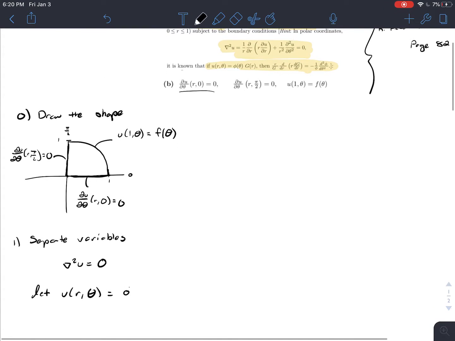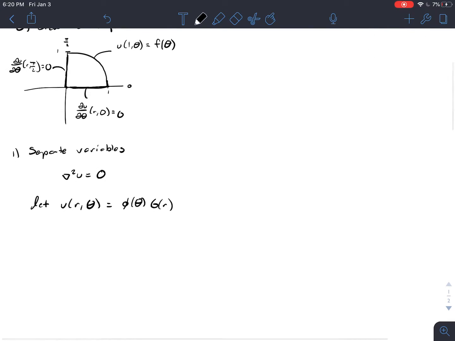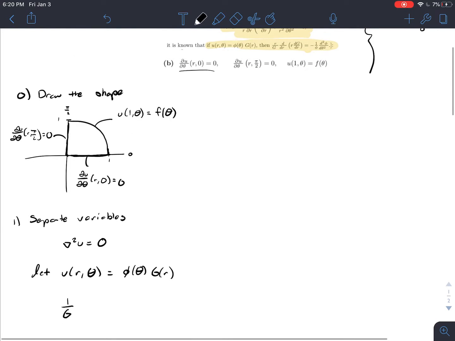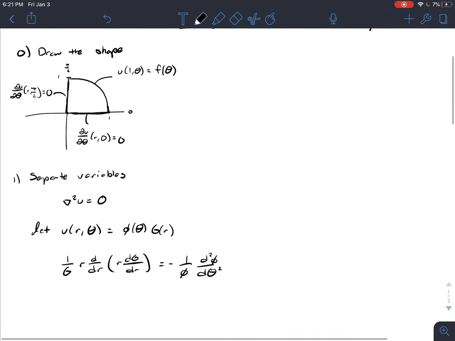Let u(r, theta) simply be equal to phi of theta times g of r, and then they have plugged in the value for u already. The separation of variables for u looks like 1 over g times r times d dr of r dg dr equal to negative 1 over phi d squared phi d theta squared.